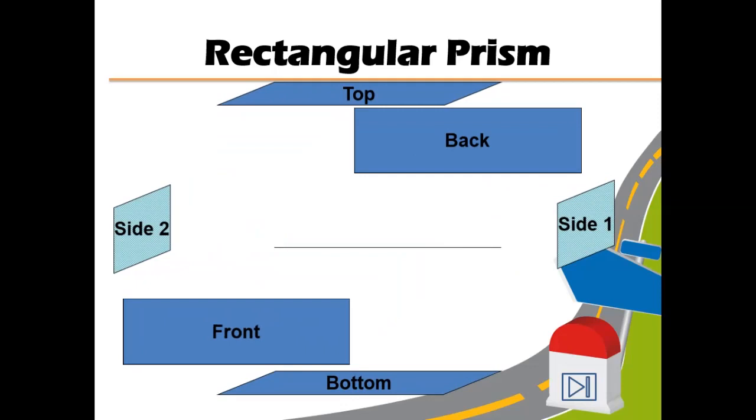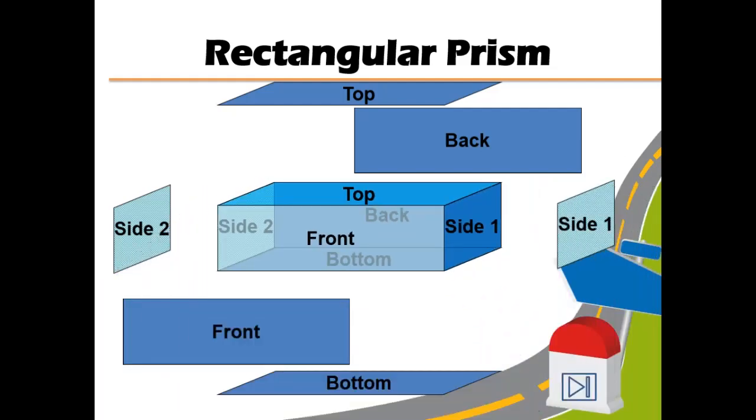So, how many faces do I have? Yes, 6 faces. All of them are rectangles, or in some questions, it can be 4 rectangles and 2 squares. Let's talk about the standard one. All of them are rectangles. So, if I want to find the surface area of a rectangular prism, I have to find the area of each face separately. Then add all of them together.